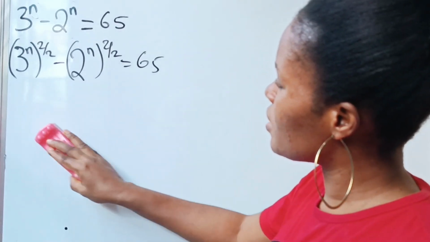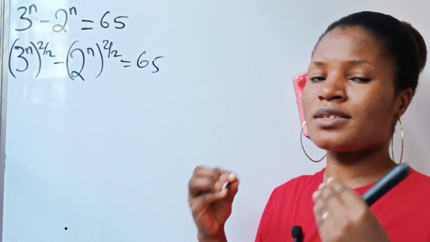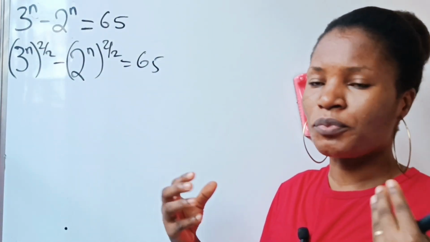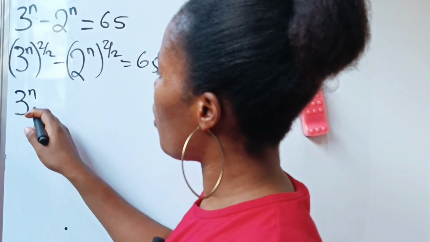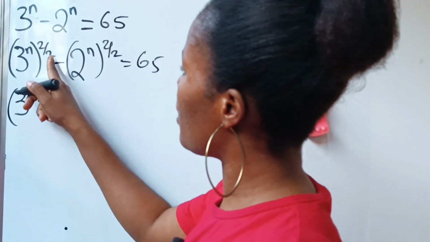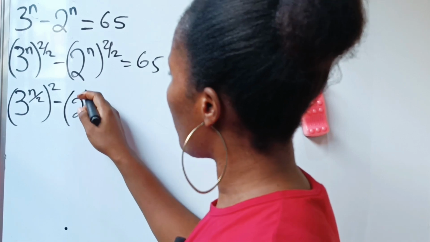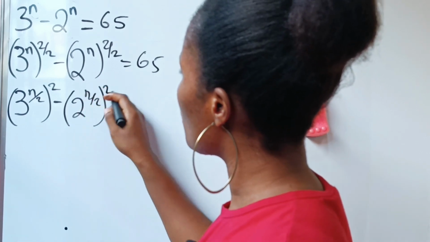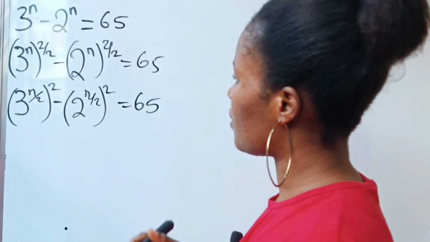So this simply means that when you have two powers, you can manipulate them anyhow you want, as long as you don't change the value. So that means I can write this as 3 to the power of n divided by 2, raised to the power of 2. So I brought this in, minus this can be written as 2 to the power of n divided by 2, raised to the power of 2, is equal to 5.